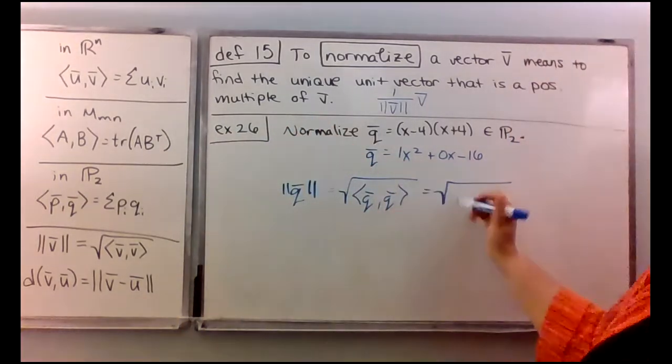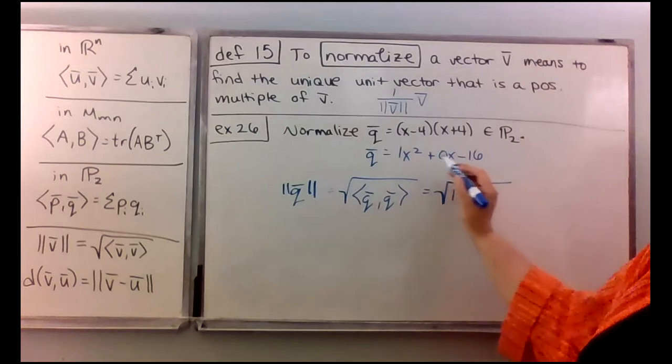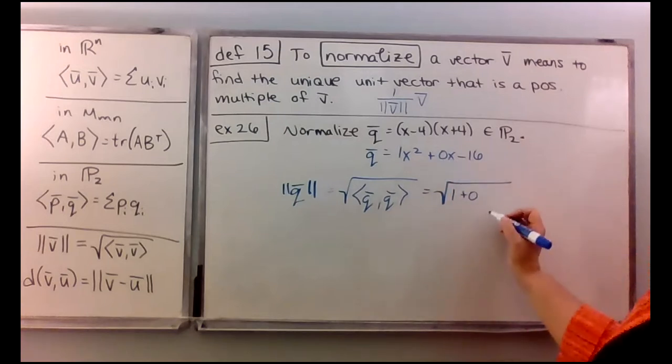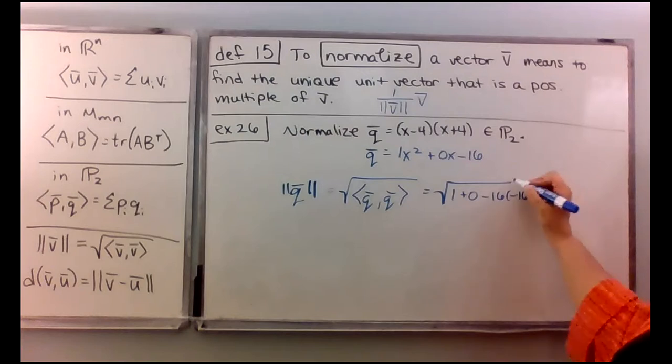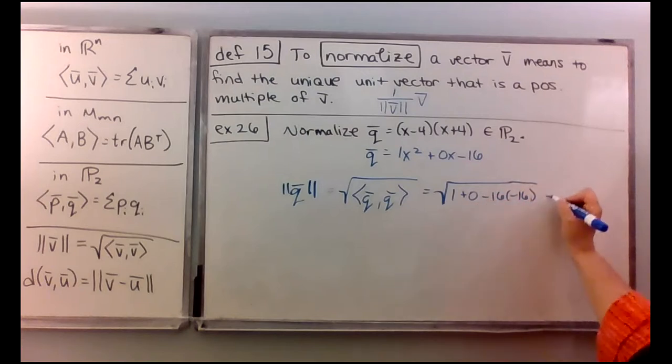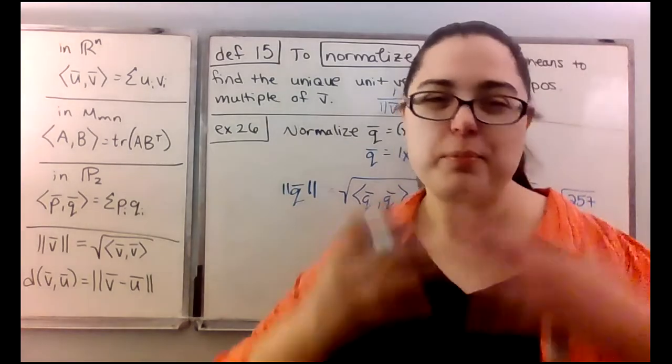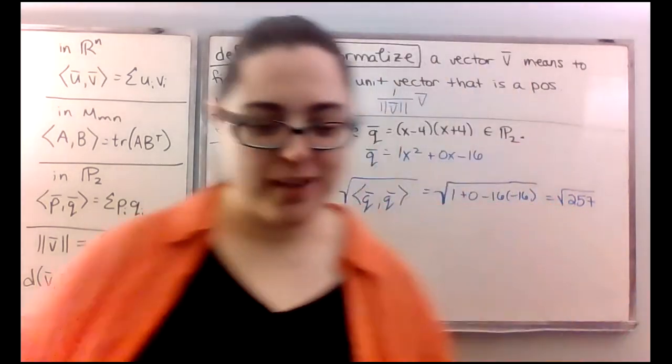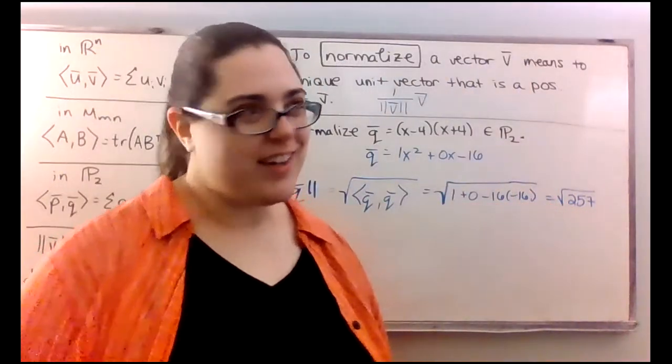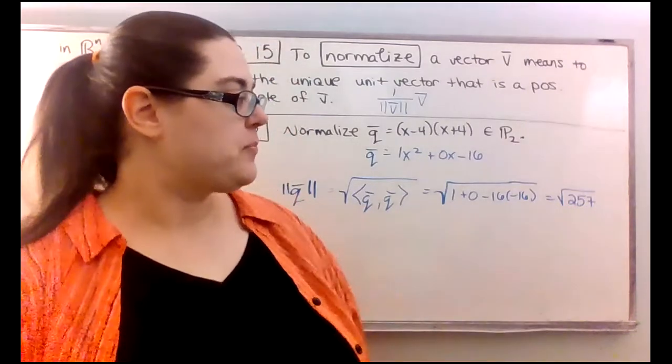So I'm going to do 1 times 1 plus 0 times 0 plus negative 16 times negative 16. I think that's 256. So this ends up giving us the square root of 257. A nice, beautiful radical for us to work with. It is not a perfect radical, so we're just going to leave it be.